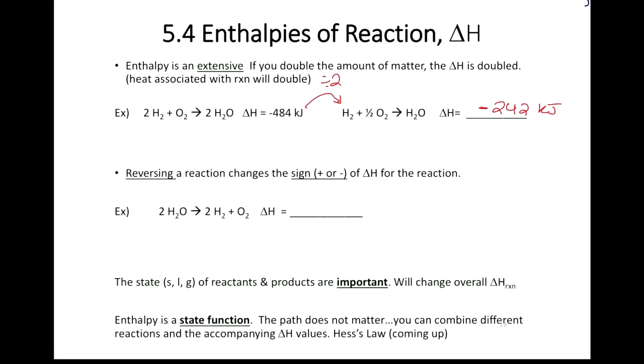All right, well, what if we reverse the reaction? What if instead of blowing up the hydrogen balloon, reacting hydrogen with oxygen, what if we split water? What if we took water and we split it into hydrogen atoms and oxygen atoms? So how is this reaction different from the previous reaction?